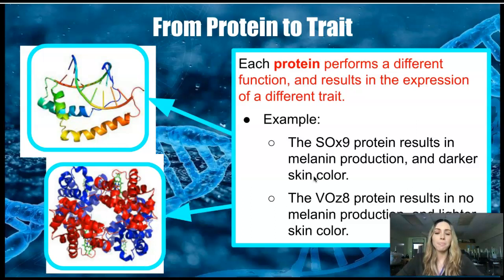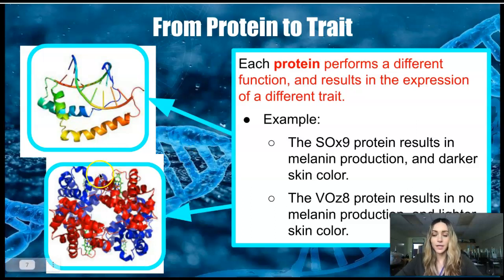For example, we have a couple of human proteins here. The first one up at the top is called the SOX9 protein. This protein, if it's produced in a cell, will result in that person producing more melanin, which means that they will come with a darker skin color.